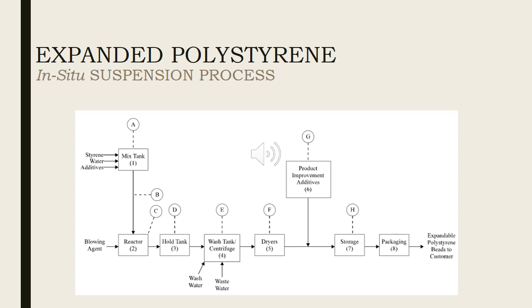The styrene monomer is polymerized at elevated temperature and pressure in the presence of the blowing agent, so that 5 to 7% of blowing agent is entrapped in the polymerized bead.